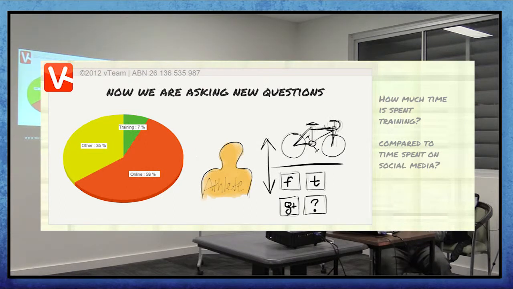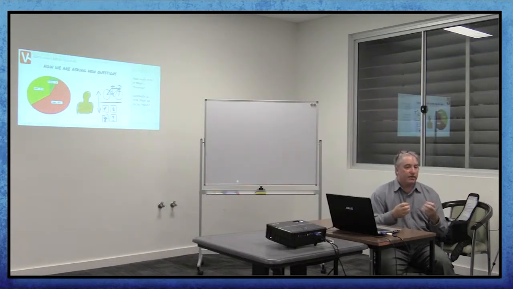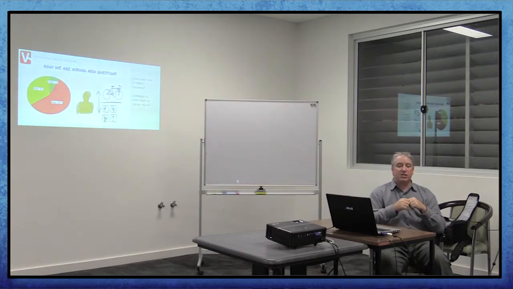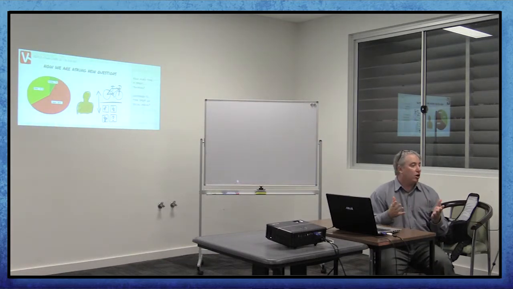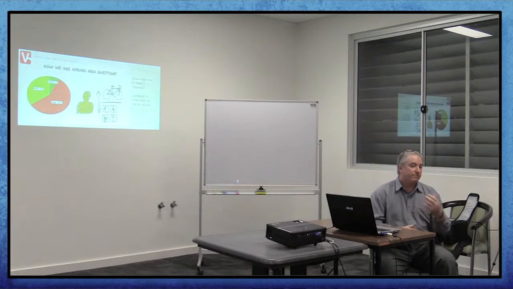One of the interesting things is where we're going with SportsLocker: we're now asking different questions of our athletes. How much time is spent at training, and how much time is spent online, on their phones, on their computers, on YouTube, Facebook, Snapchat, whatever it is.